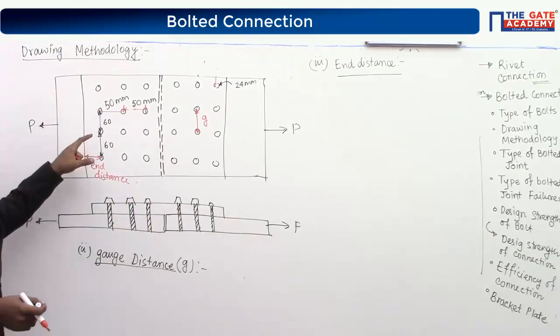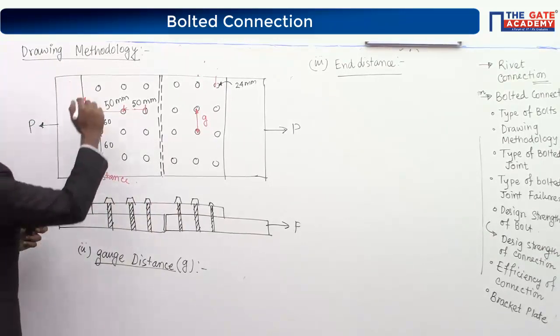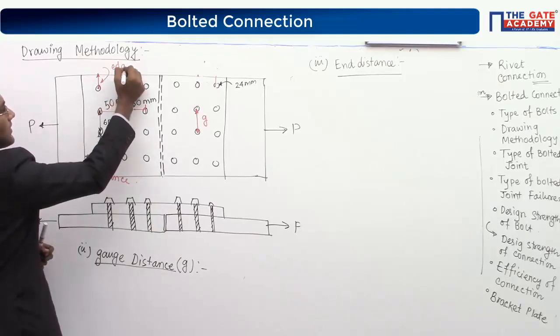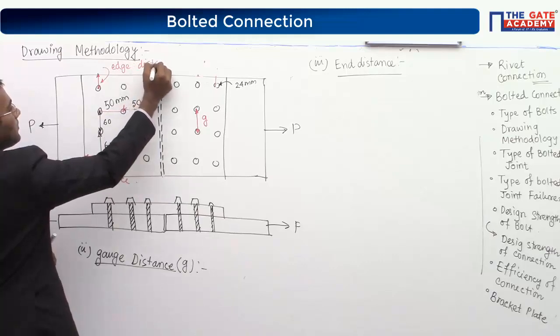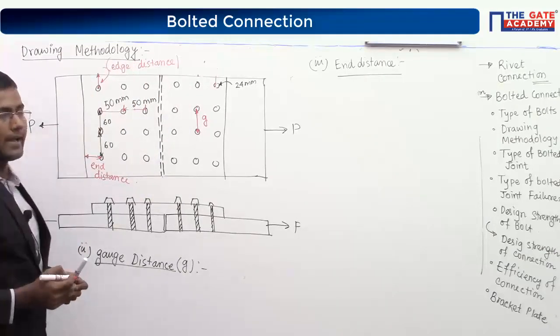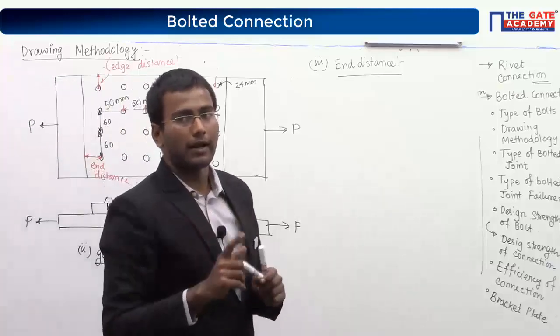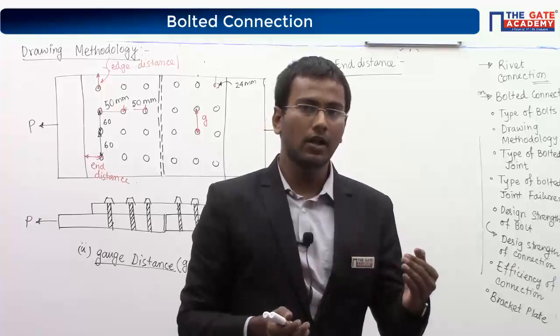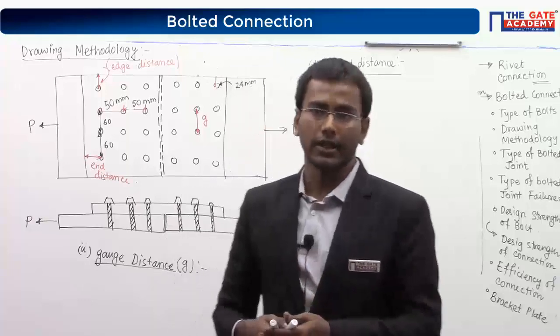Now if it is perpendicular to the force direction, like this one, center to end of the plate here, this is nothing but edge distance. So the major difference between end distance and edge distance is that end distance means parallel to the force direction and edge distance means perpendicular to the force direction.